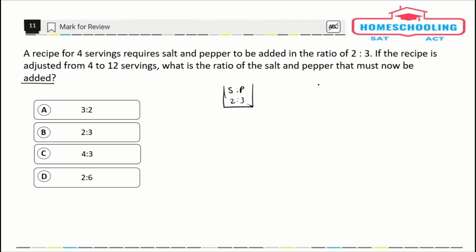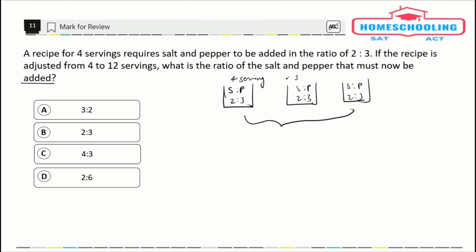So if we have this, which consists of 4 servings, we can have 8 more servings, and all of them will have 2:3 salt and pepper.